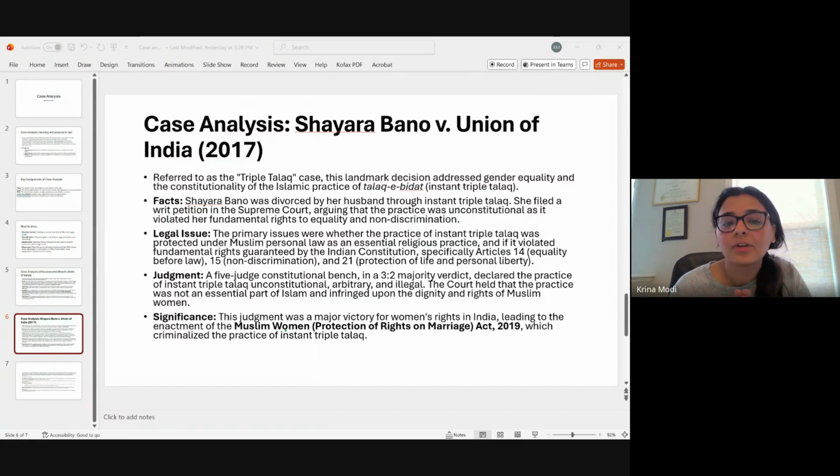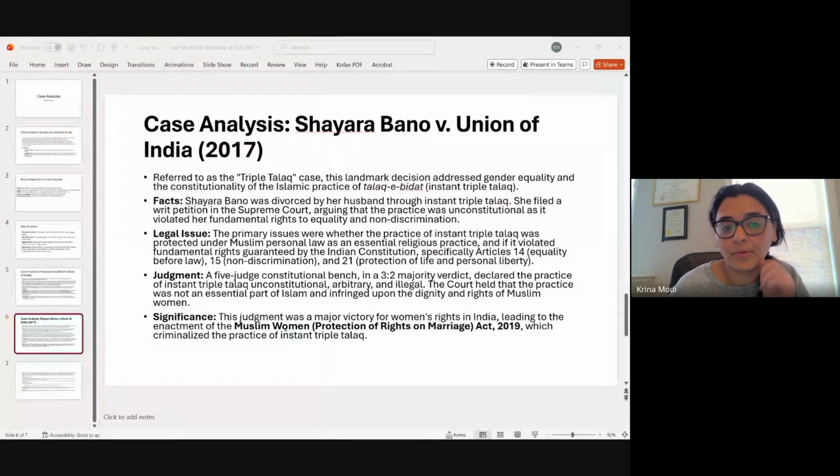So similarly, this case also had a lot of other issues, like the husband was abusive, there were issues at home or whatever, but she had not filed a case on that. Like, she had filed against the husband, but her issue was triple talaq and not the other issues.